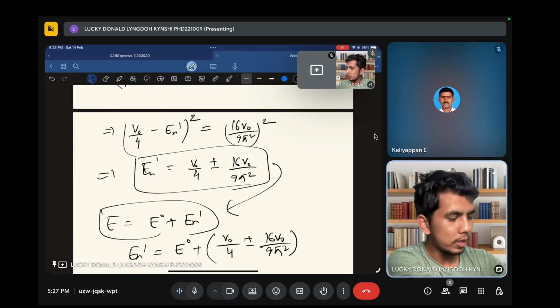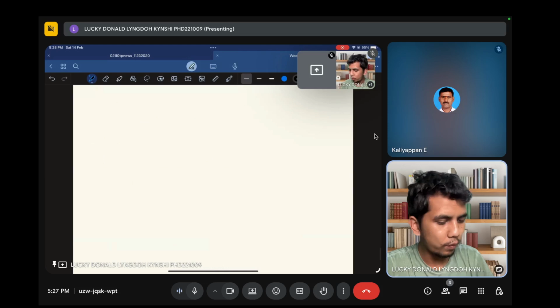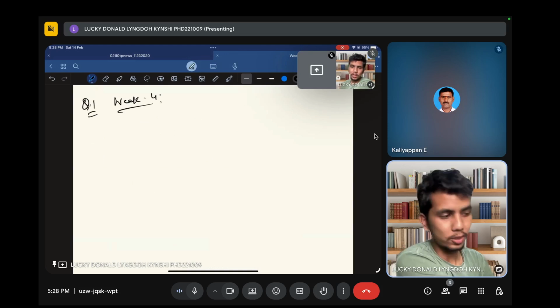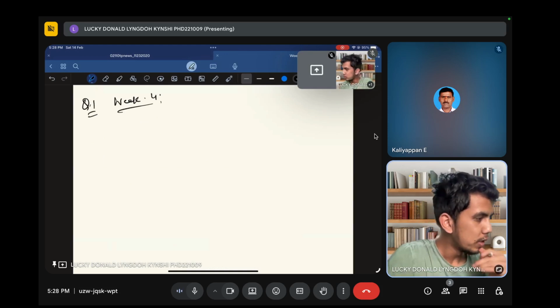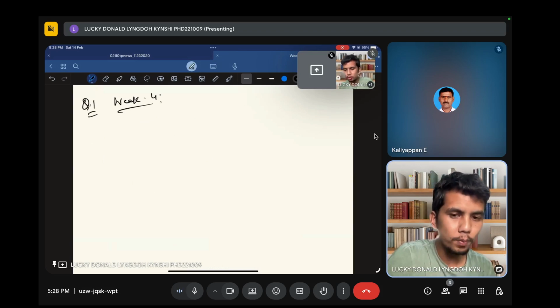Okay, so similar problems. Now we will move to your week 4 question number 1, week 4 problem, which is related to your hydrogen atom. In this case also, all of these problems are related to your perturbation problem.